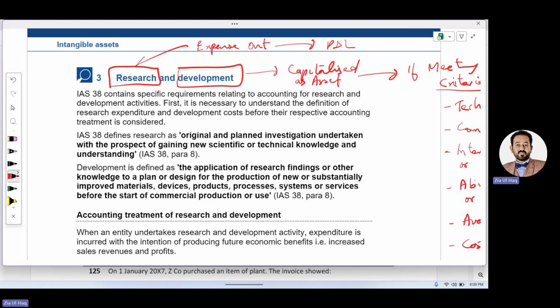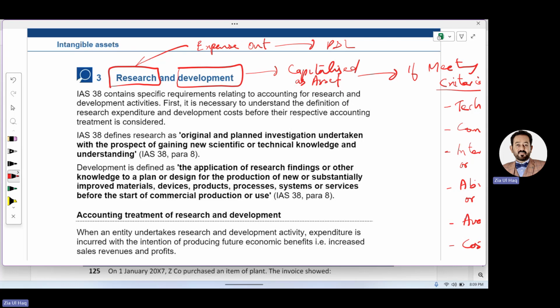I mean, we have performed some investigation, consulted different scientists, performed different experiments on different salts, but we couldn't find the final formula. So that will be called research.